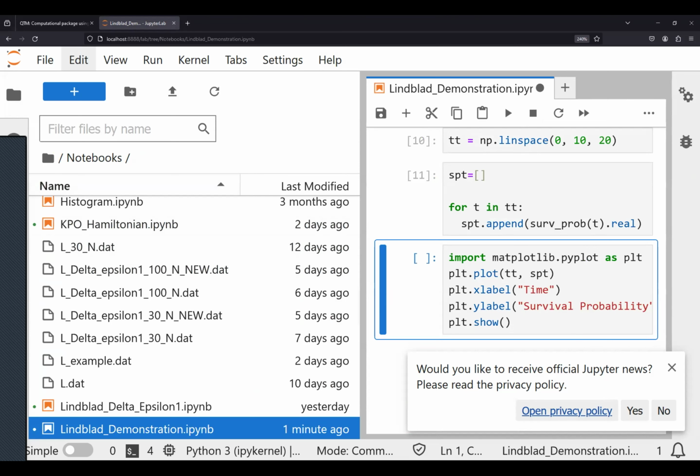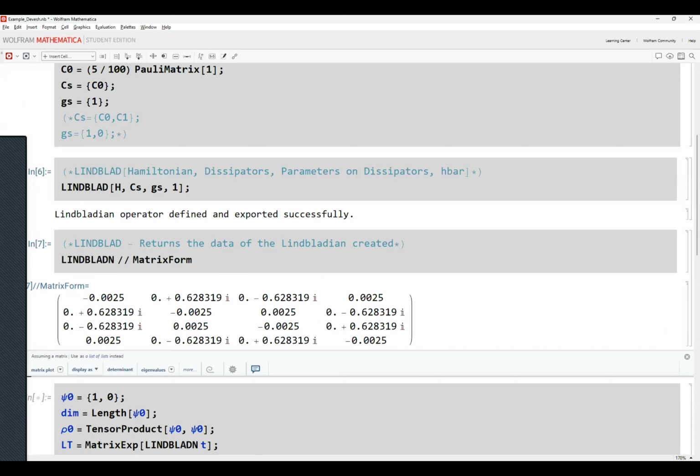So can you show the Lindblad again, Devesh, please? Show the mathematical one because it's easier to see. Ah, it's symmetric. Yeah, for this case, it was symmetric.